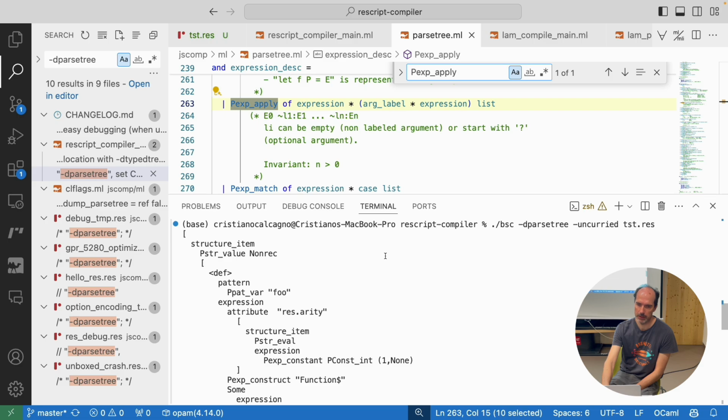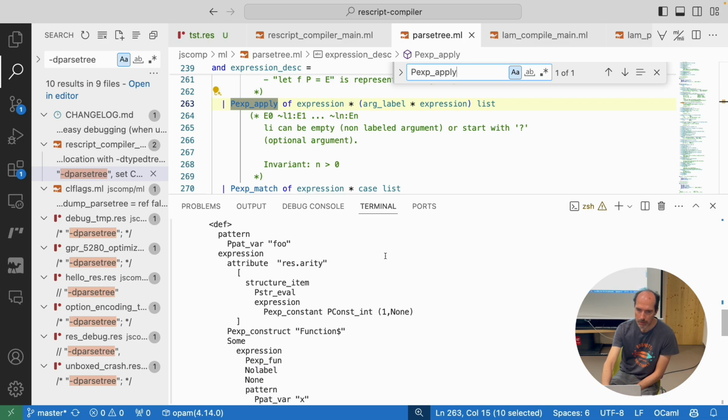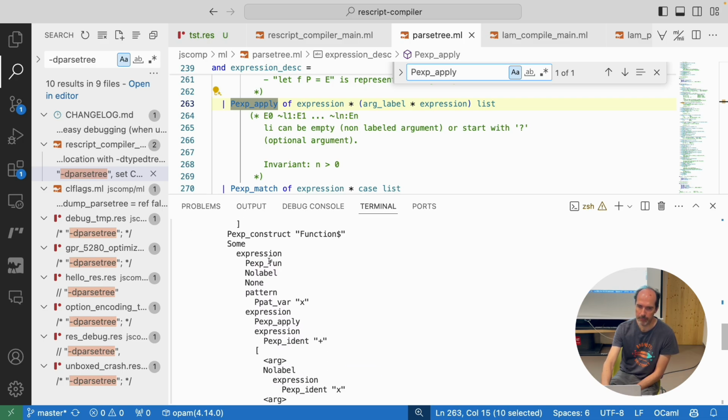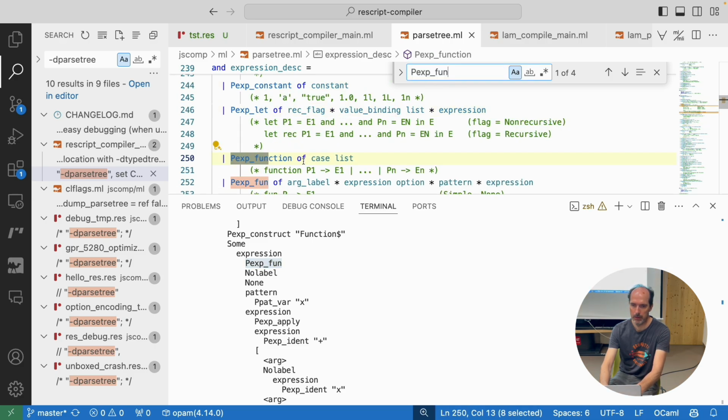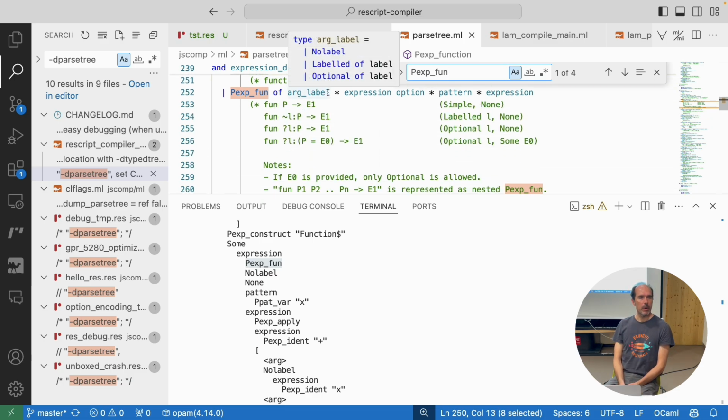In terms of function definition, that's a little bit more interesting. So it's in here, Pexp_fun. So it always takes one and only one argument. So when you have a function of several arguments, there is no way to represent it internally if not as a function which returns a function which returns a function.